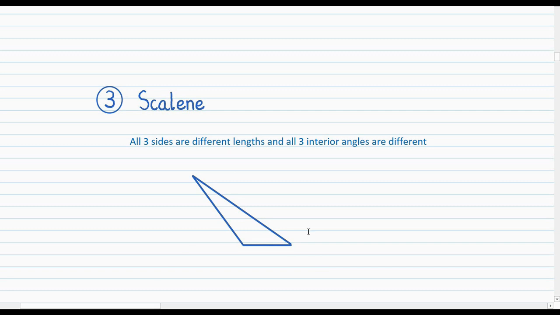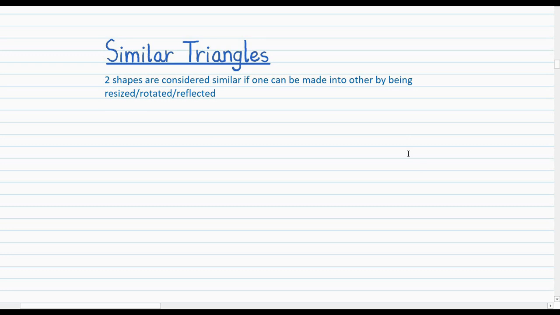Then let's look at similar triangles. Similar and similarity is a special sort of terminology to keep in mind, and two shapes are considered similar if one can be turned into the other by either resizing it, rotating it, or reflecting it. A more formal way of saying this is, two shapes are similar if they meet the following two conditions.